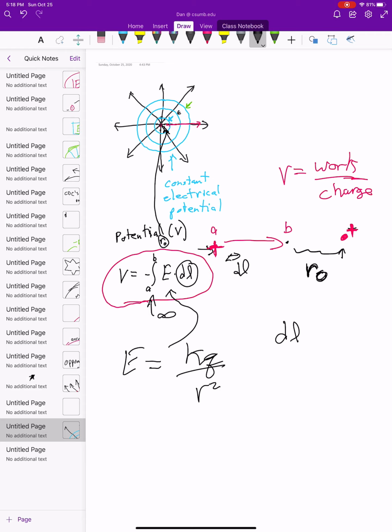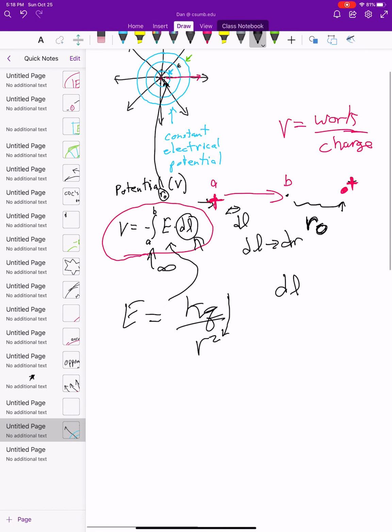And since L is in the r direction, and I have to use the same variable of integration as I'm using in this expression here, I'm going to say my dl is associated with the dr. All right, so I am going to write this as V equals the integral from infinity to r0 of k times q divided by r squared dr. So that's where I'm at with all of the substitutions that I've been talking about.